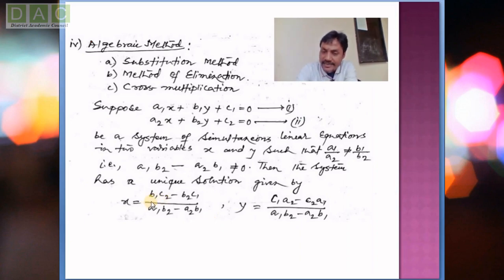In the first one, bc again bc, that means the repeating term is subtracted. ca minus ca, the same term is subtracted. The denominator is also ab minus ab. After writing all these terms, you just write the subscripts 1 2, then reverse it to 2 1, again 1 2, 2 1. This is just a learning technique, not a formula.